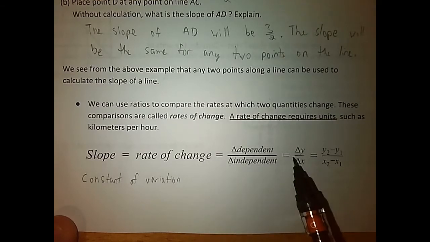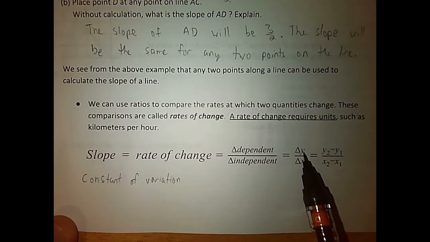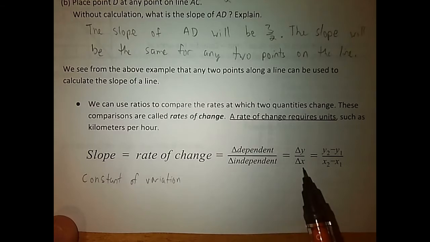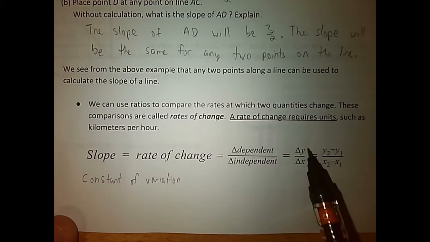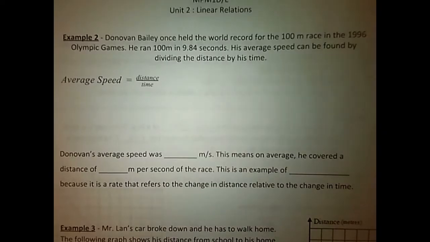On our graph, dependent variables are the y values, and independent variables are the x values. So it's the change in the y values over the change in the x values. We show this change by taking two different points, with the y values subtracting each other and the x values subtracting each other. Now, before we get to using that equation, I want to go over what we mean by rate of change.